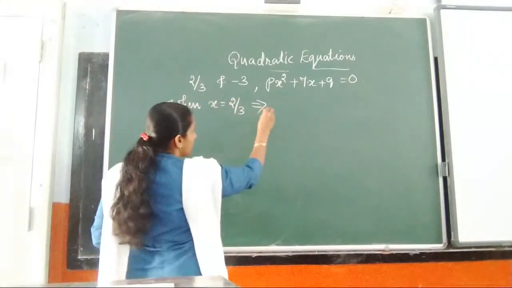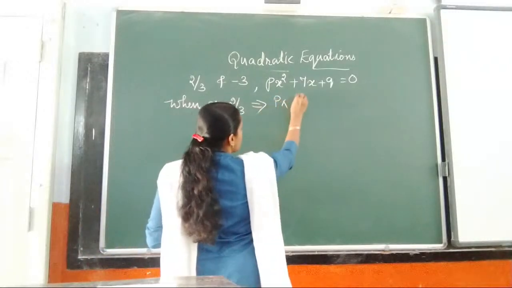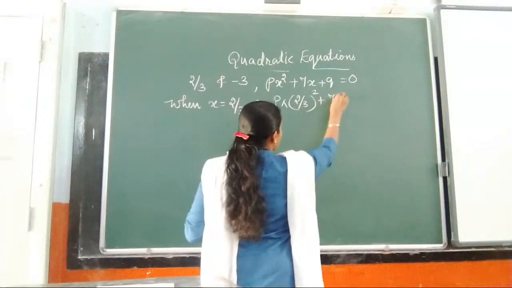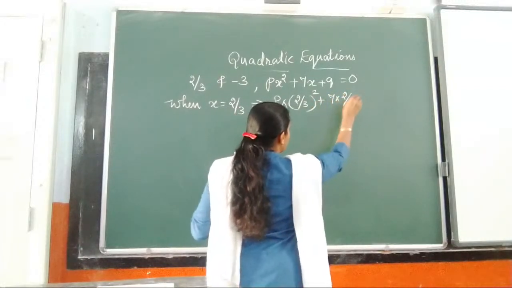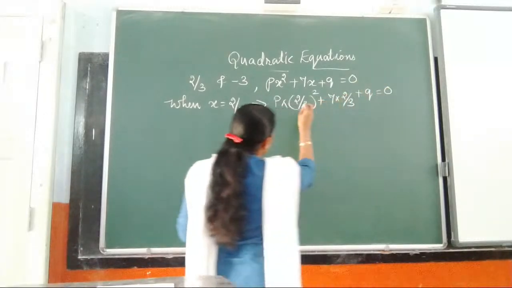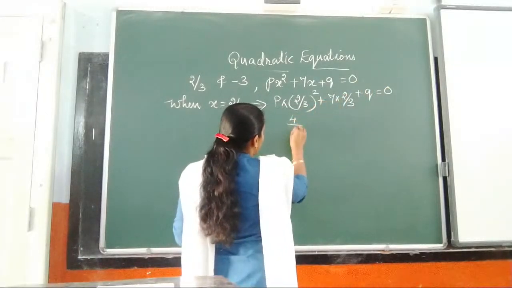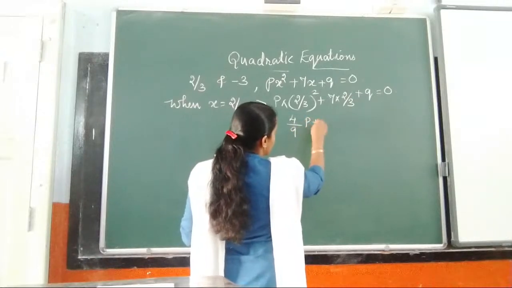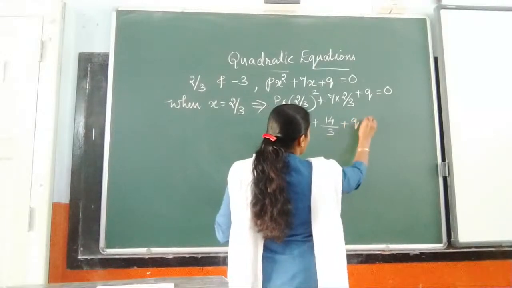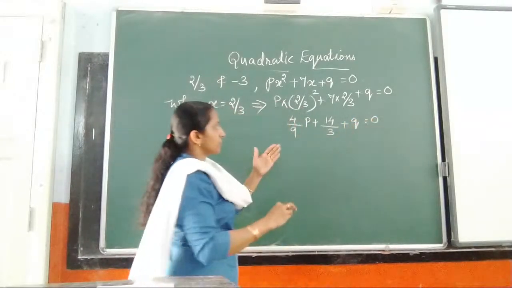When x equal to 2 by 3, you will get the equation p into (2 by 3) square plus 7 into 2 by 3 plus q equal to 0. So you are getting 4 by 9 p plus 14 by 3 plus q equal to 0. You have to take out the LCM.